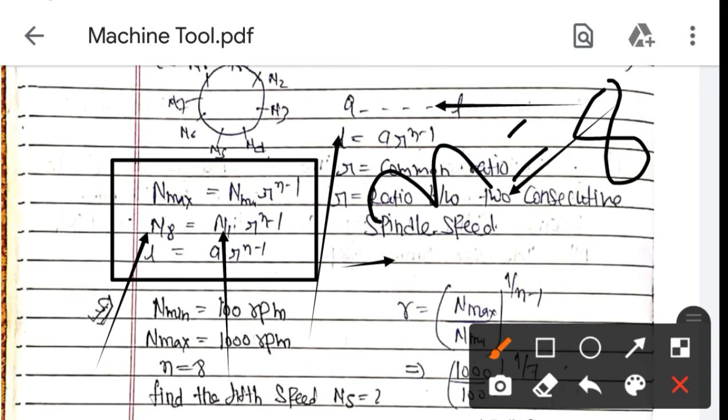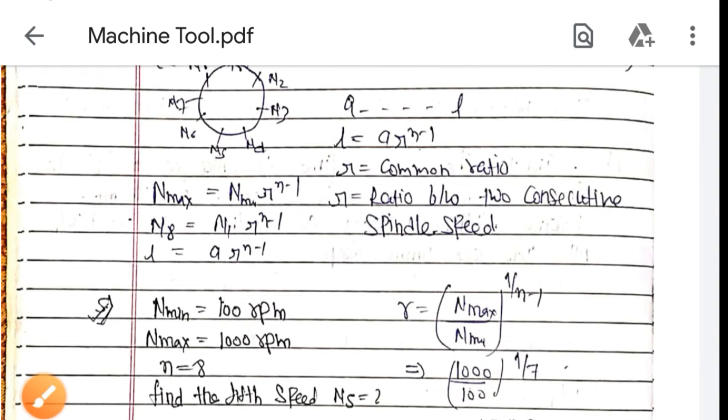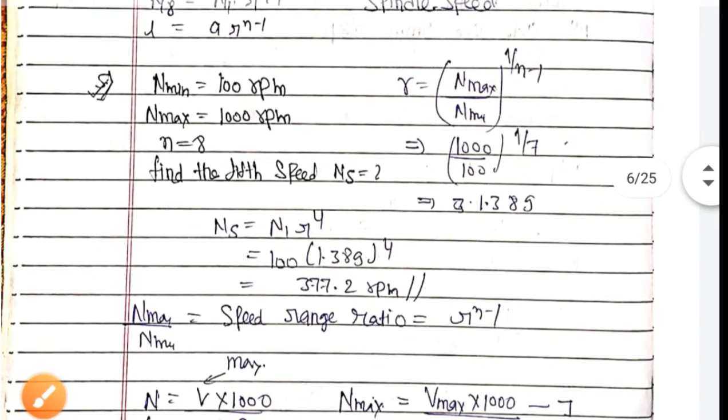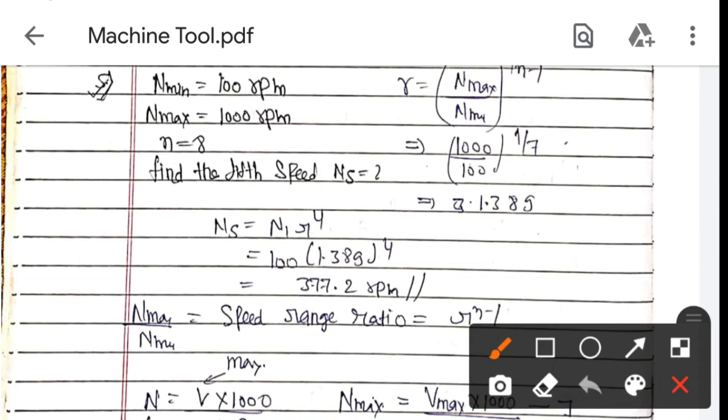Let's look at one question so that it gives you a clear idea about this topic. Here the minimum speed N min is given as 100 rpm, N max is given as 1000 rpm, and the number of terms, or the number of speeds in the range, is 8.